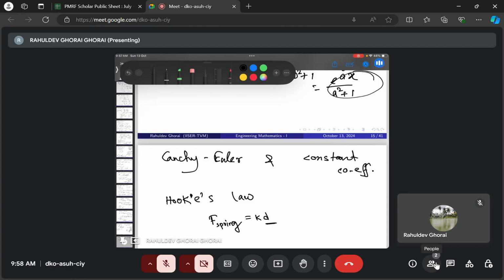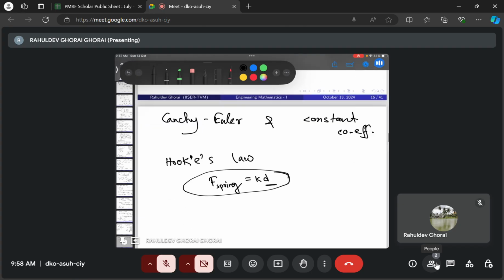There will be many more things involved, and I'm not going through all of them, but F will look like M times A, and A is d2x/dt2. So a second order differential equation comes into the picture in simple harmonic motion, to derive the motion of an object hanging from a spring.